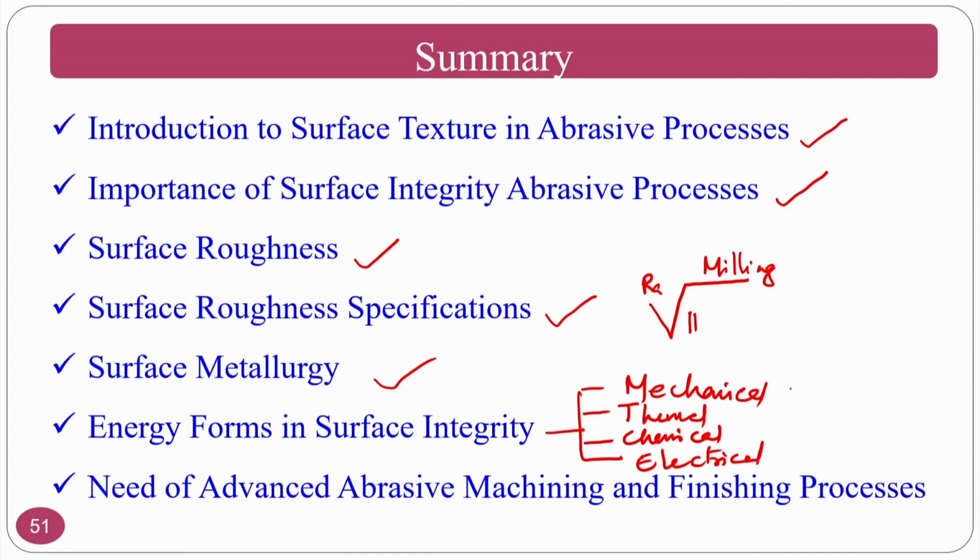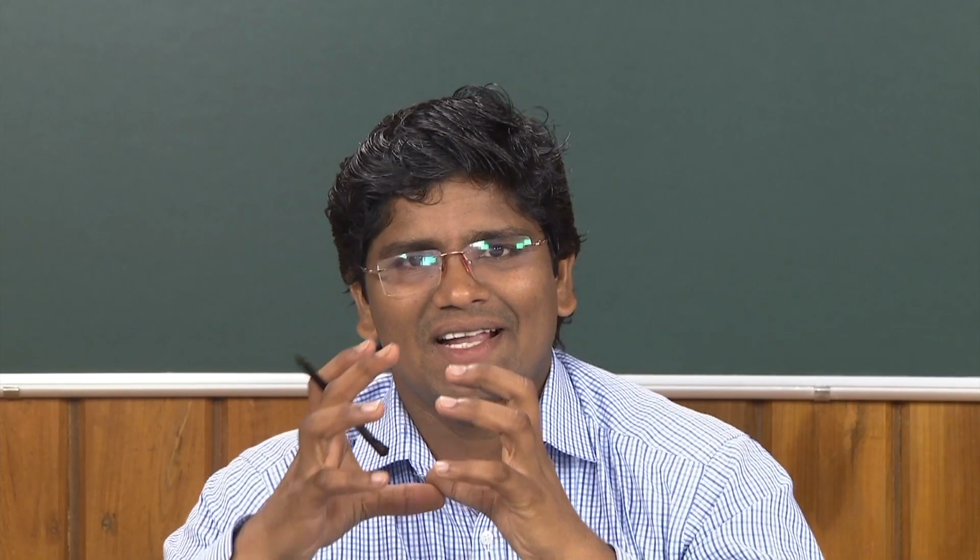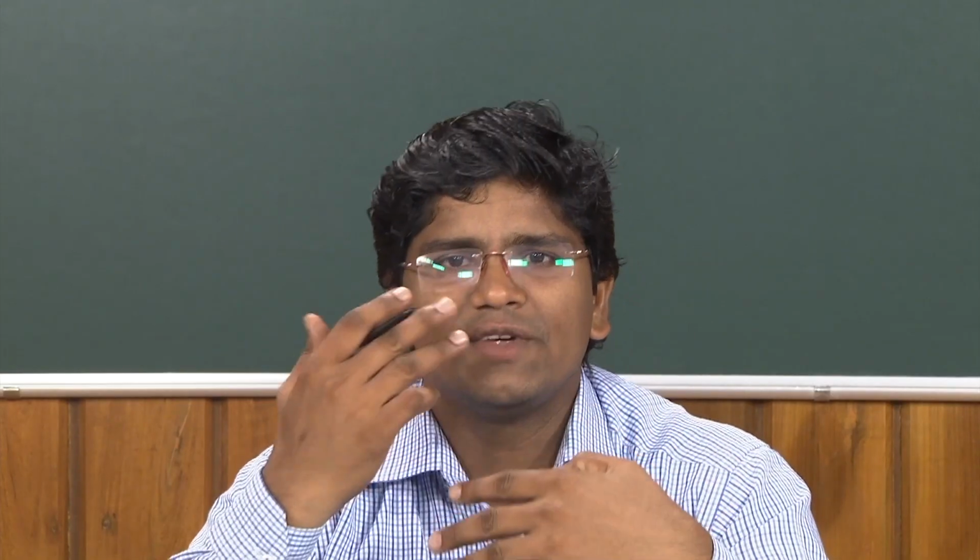You have seen all these things, and the need of advanced machining and finishing processes that you have seen, because I want, in particular sectors like bio and aerospace, not much damage to the component. For that purpose you have to go for advanced finishing processes.